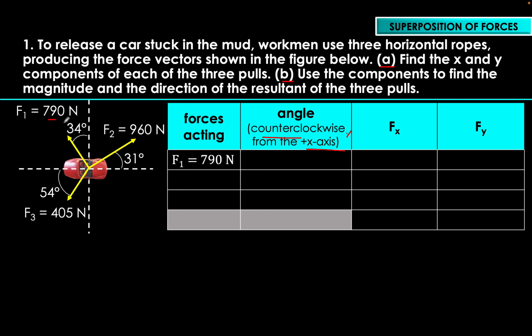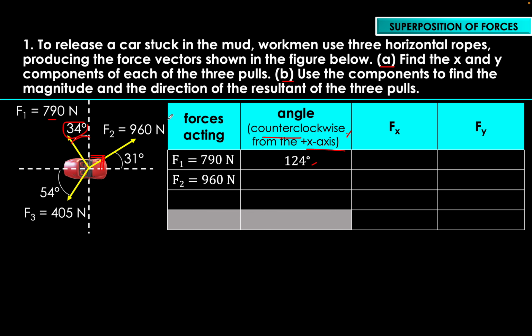For F sub 1, we have 790 newtons, and the angle it makes from the positive x-axis is 124. How did we know? Because it says here this is 34, and from the positive x-axis you have to add 90 degrees, so 90 plus 34 gives you 124 degrees.